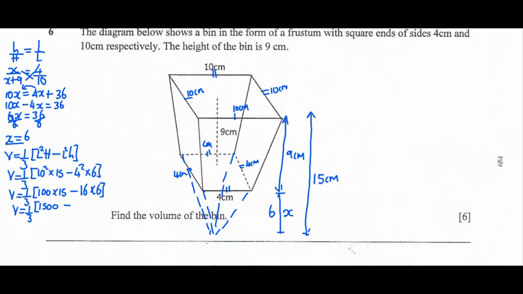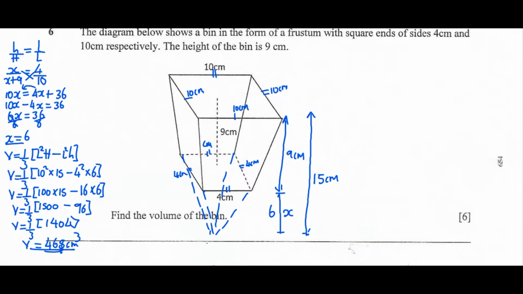Then 16 times 6, I'm getting 96 here. Then we can subtract 96 from 1,500, and I'm getting 1,404. Then we can now divide by 3. If we divide by 3, my answer is 468 centimeters cubed. So this is our volume.